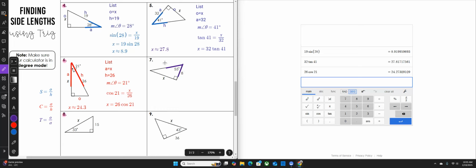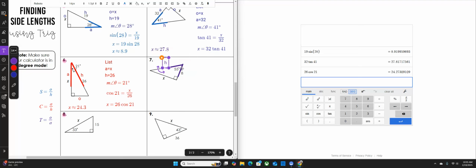So again, I have my hypotenuse, which is directly across from the right angle box. The other side that is touching the angle that is not the hypotenuse is adjacent. And the third remaining side is the opposite side that does not touch the angle at all.